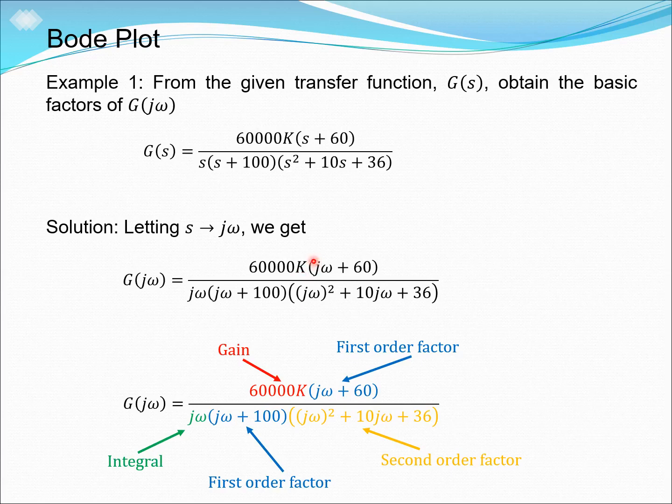If we have an s at the numerator, it is going to be our derivative, but we don't have that in this example. So we only have an integral, which equals 1 over j omega. So this is our integral part. This is our first order factor pole, and this is our second order factor pole.